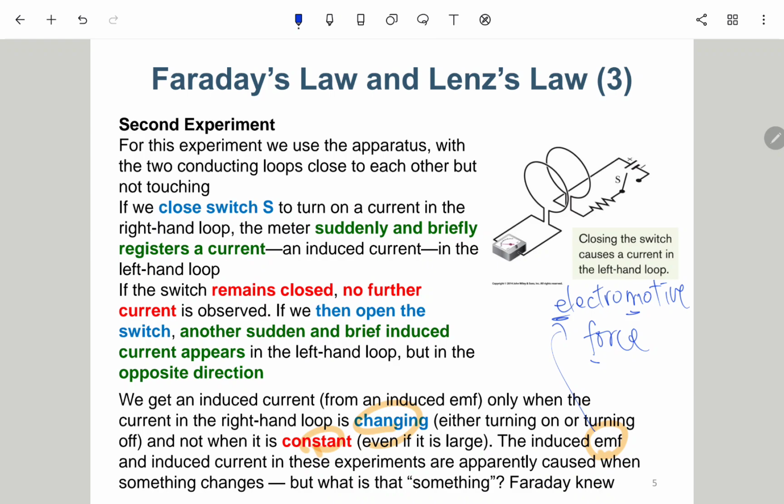You can somehow consider it similar to a potential difference, but not quite the same. Simply speaking, it is similar to a potential difference, and you can try to understand it as a potential difference at the beginning, I think. So you consider it something like potential difference or voltage: induced voltage along with this induced current for a loop.